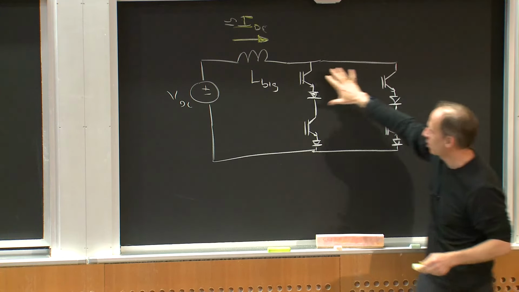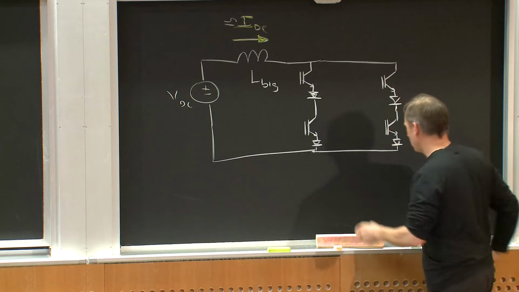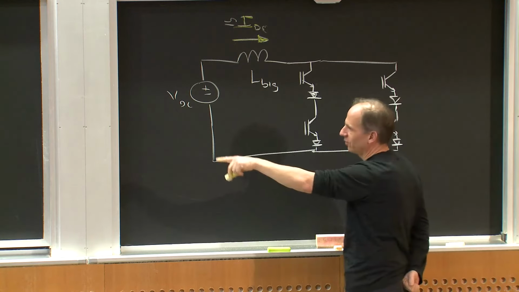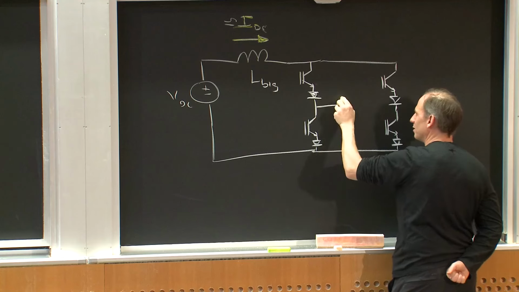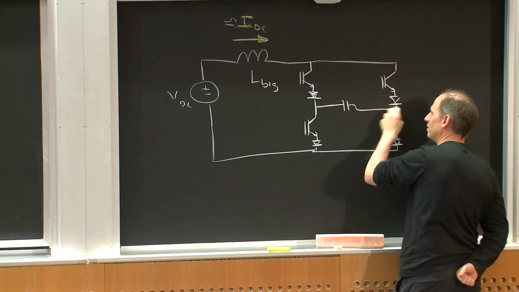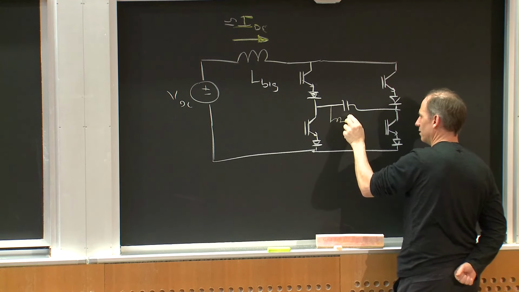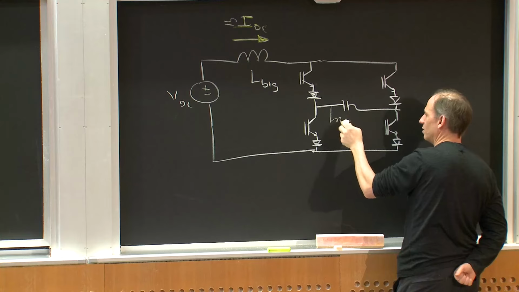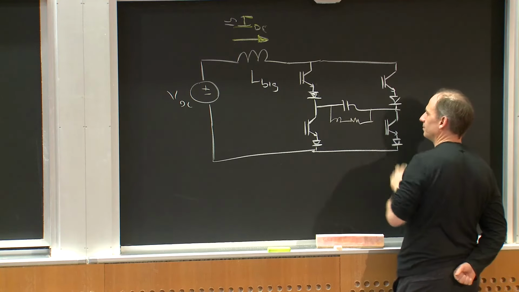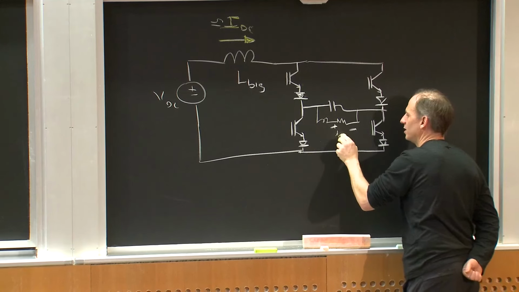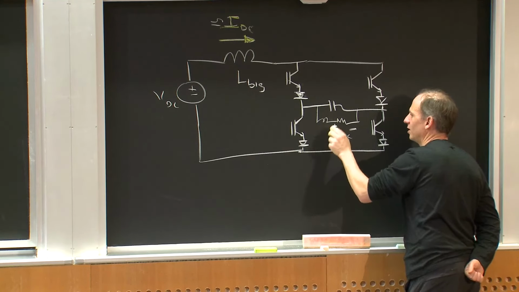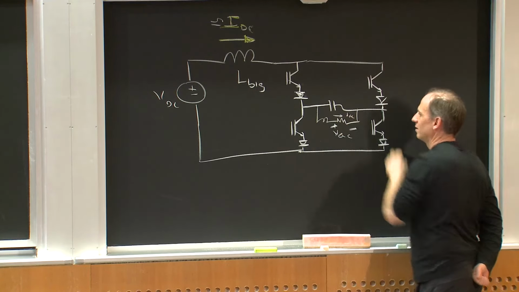So then I could have a current source, essentially, going in, and then instead of having a filter that looks inductive, maybe I will have a filter that looks capacitive. Something like this. And here I can have IAC or VAC.